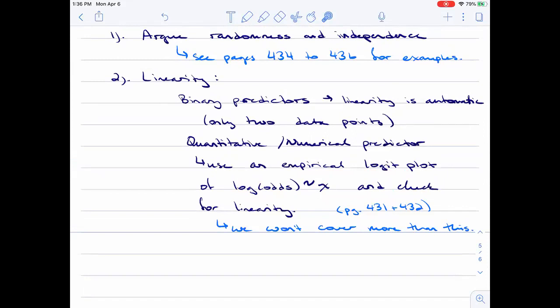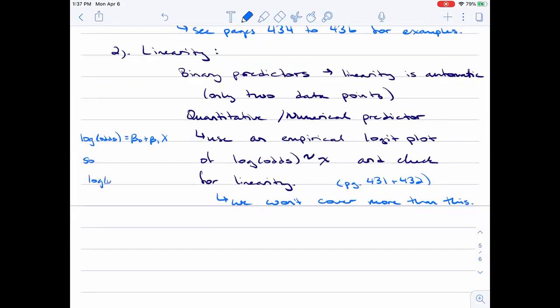That makes sense. If you're thinking about a regression situation, here the log odds is just the response. Why? Because the log odds is beta naught plus beta 1 x.